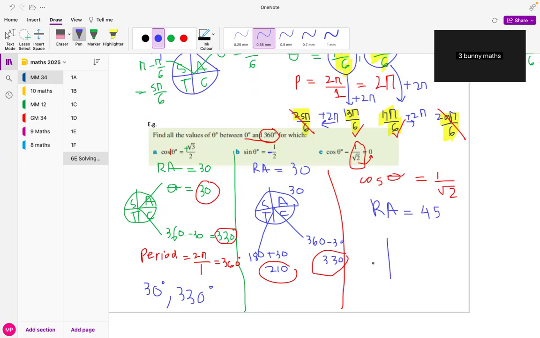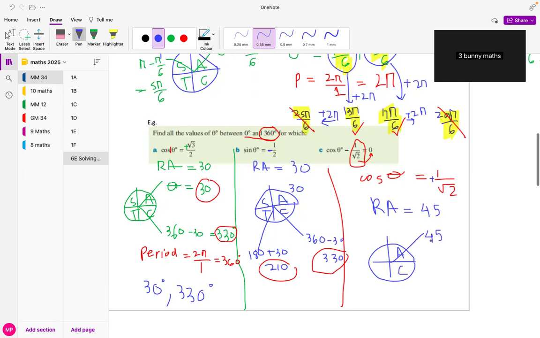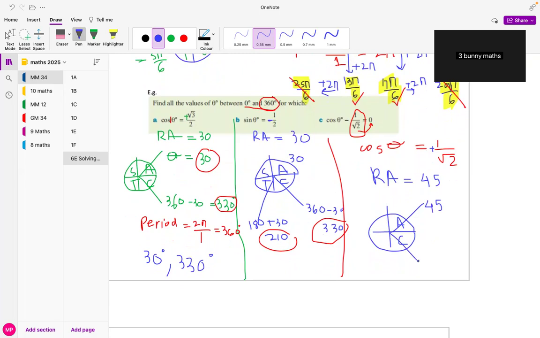So if I draw the unit circle out, I want cos to be positive, right? So I want A and C. Here I have 45 as one of my angles, and the other one is 360 minus 45, which gives me 315 degrees. So that's what I want: 45 degrees and 315. All right.